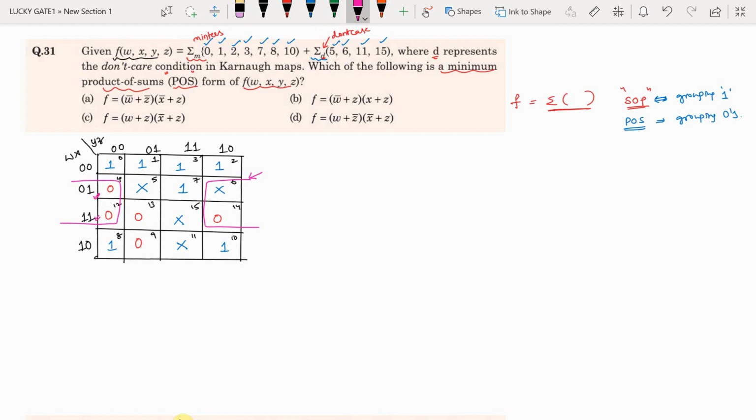Now this one is represented with 0, 1, and this is represented with 1, 1 in the row. In the row, the first variable is W. That W is differing between the two. But X is the same, that is 1. That 1 is represented in the POS form with the complemented form, X complemented.